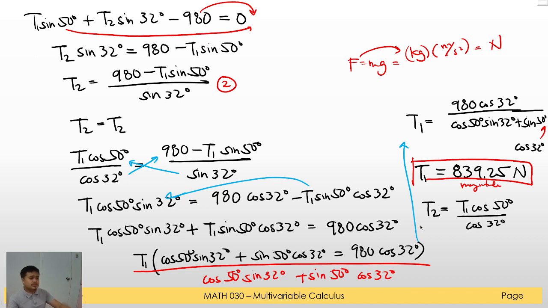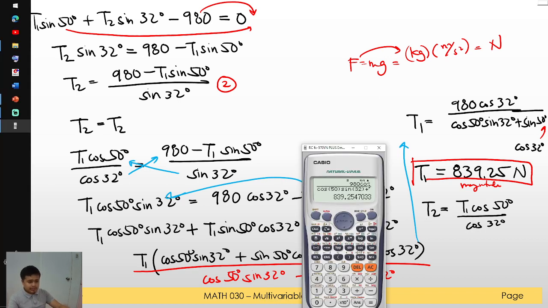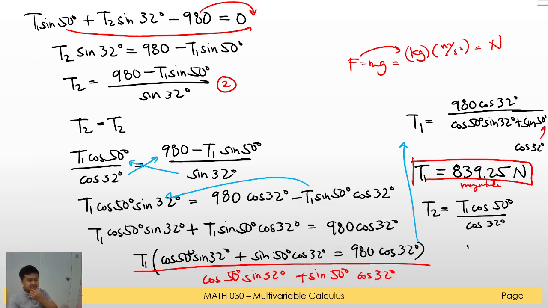The answer should be 636.12. So T2 is 636.12 newtons.